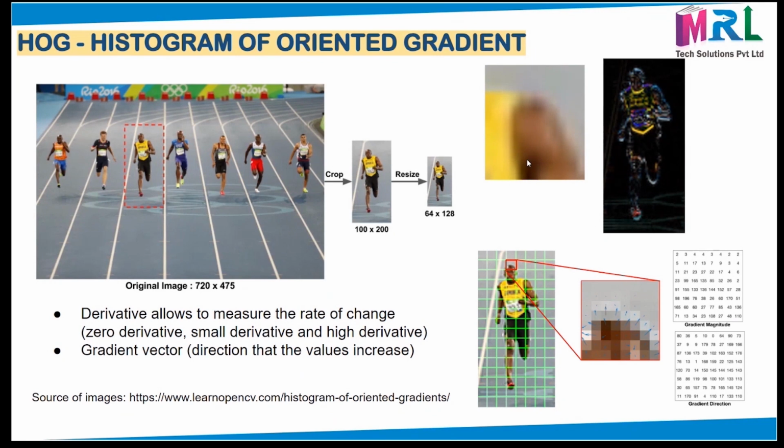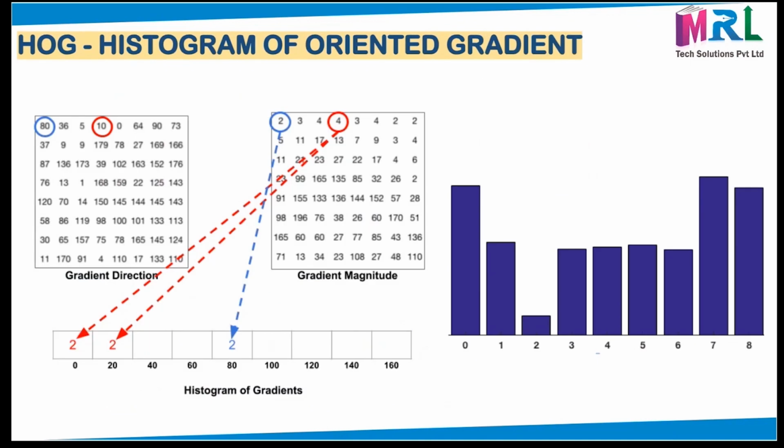After that, the mathematics works on two things: one is the derivative, the other is the gradient vector. The derivative gives us the magnitude of change, and the gradient vector gives the direction of change, in what direction the changes will be high. So based on this gradient direction and gradient magnitude, the histogram will be created.